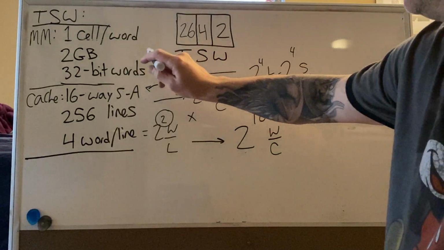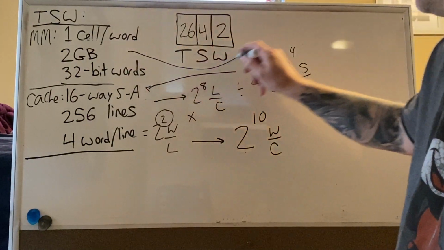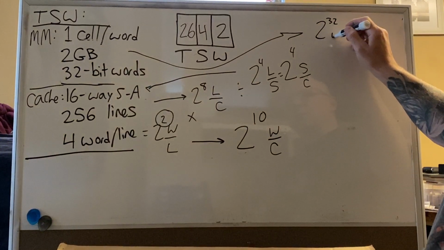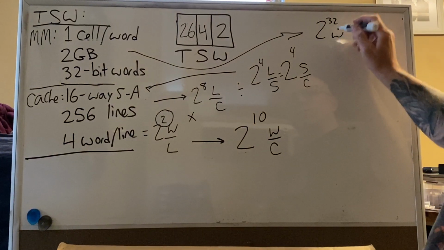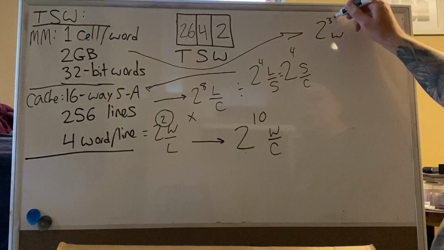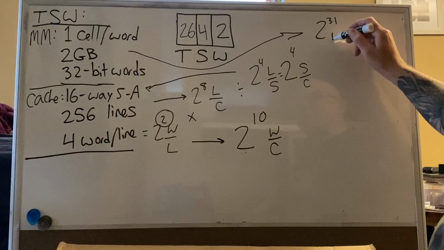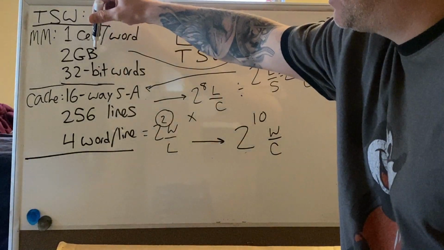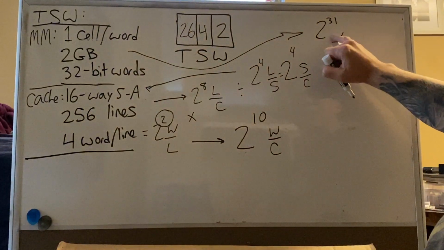Up here, there's 2 gigabytes, 2 to the 31 for giga, and then 2 to the 31 words per memory, because each word takes up a cell and each cell has an address, so that's incorrect.